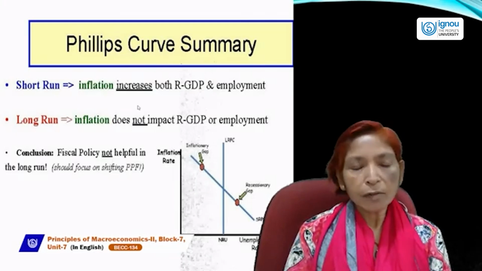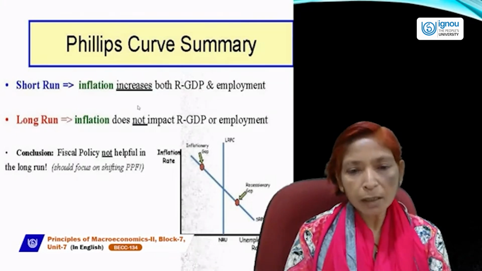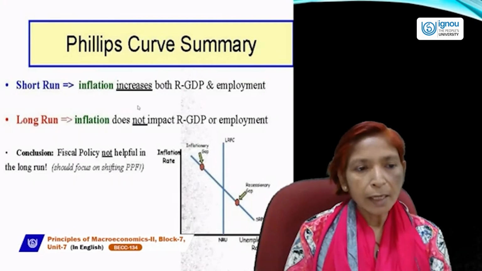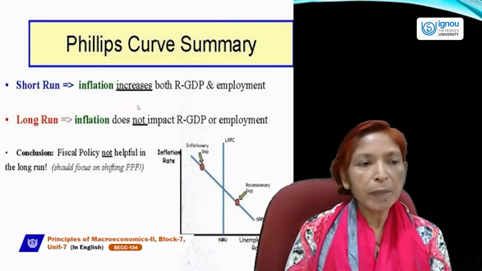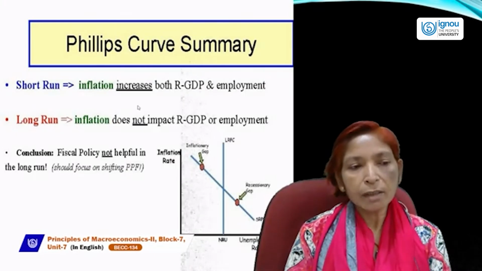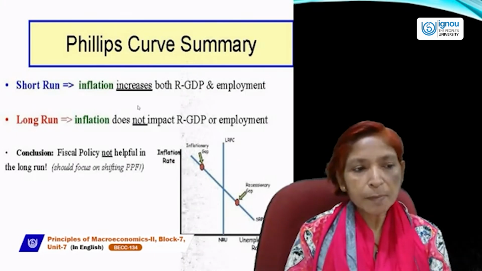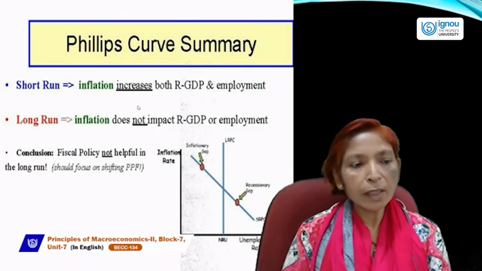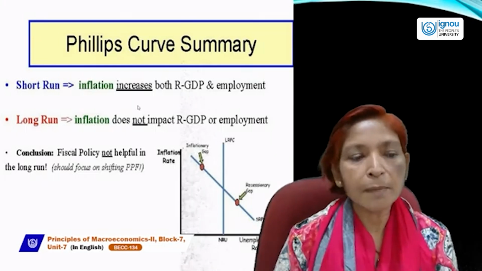So in the short run, the Phillips curve will be a downward sloping curve, but in the long run, the Phillips curve will be vertical. Adaptive expectation is based on the short run Phillips curve, but rational expectation is based on the long run Phillips curve. So we can conclude that fiscal policy is not helpful in the long run, it only helps in the short run.